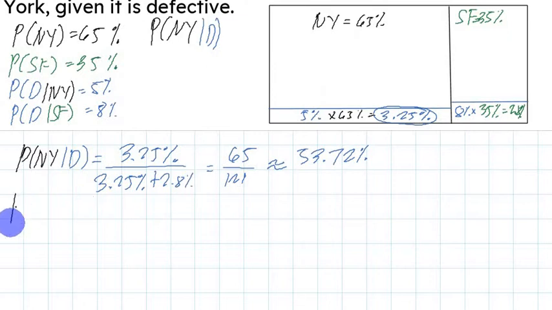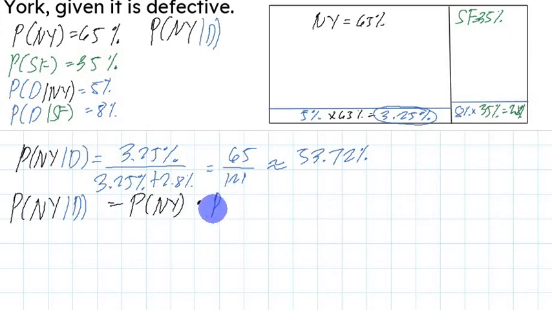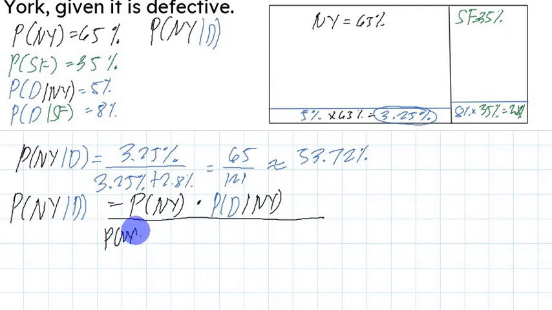The probability that the CD came from New York given it's defective would be equal to the probability that the CD came from New York multiplied by the probability that the CD is defective given it's from New York, all over this same number here, times the probability it's defective given it's from New York, plus the probability that it's not from New York, which is just San Francisco.